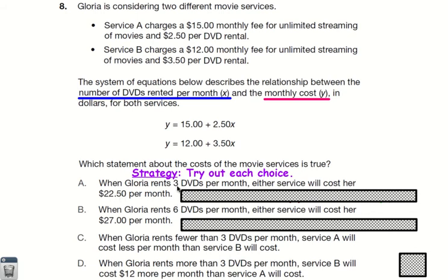Remember, number of DVDs is X. So when they say 3 DVDs, they might as well be saying X equals 3. And when they say $22.50 per month, they might as well be saying Y equals 22.5.